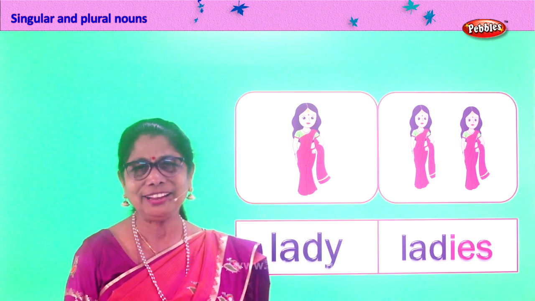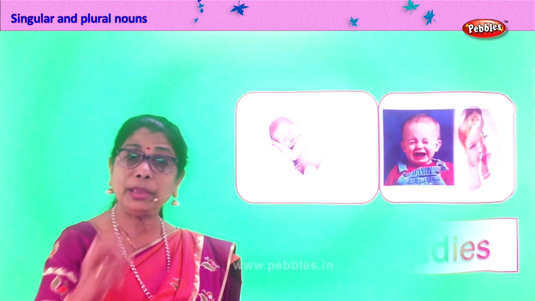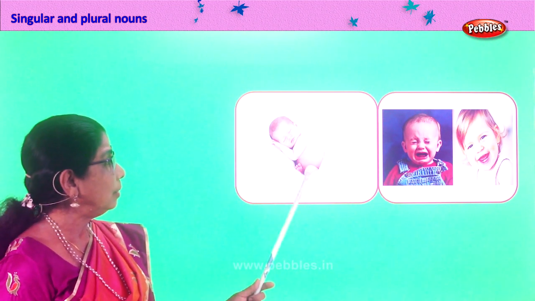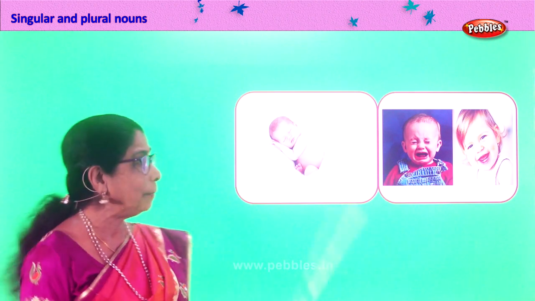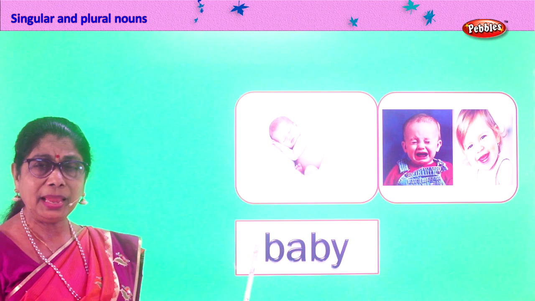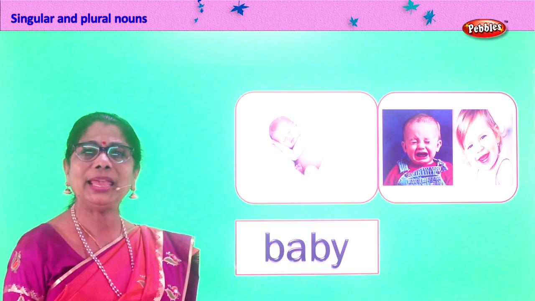Are you enjoying? Good. Let's look at another picture and form a word by removing Y, adding IES. Look, who is this? Baby. There's one baby here and two here. Now, spell baby. B-A-B-Y. Baby.